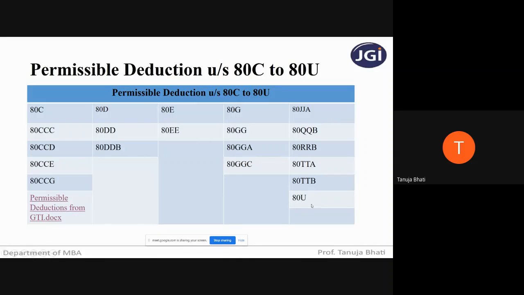So these are all the different permissible deductions from section 80C to 80U. The entire module is to understand the different types of deductions and to know the conditions that have to be fulfilled in order to get the deduction under a particular section. Today we will be seeing the deductions under section 80C to 80CCG, and we'll be covering all the deductions under section 80C. So let us see.